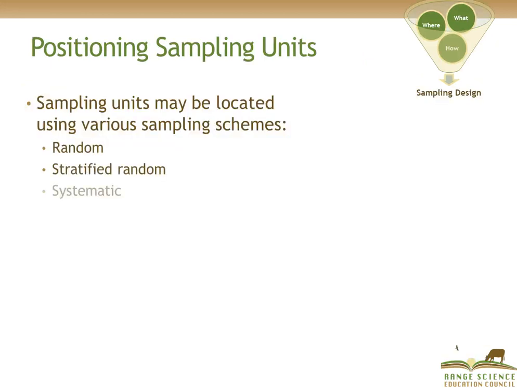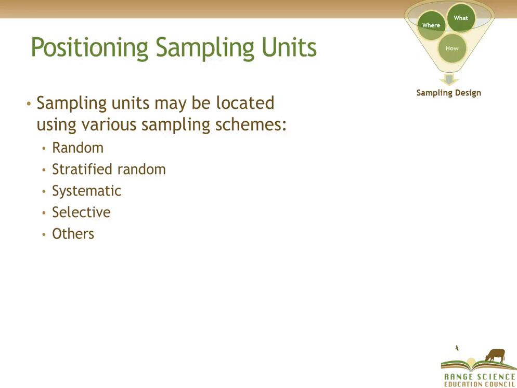How we position sampling units is another important characteristic of sample designs. Sampling units can be located in a landscape using a random design, stratified random, systematic, selective, and other types of sampling designs or schemes.